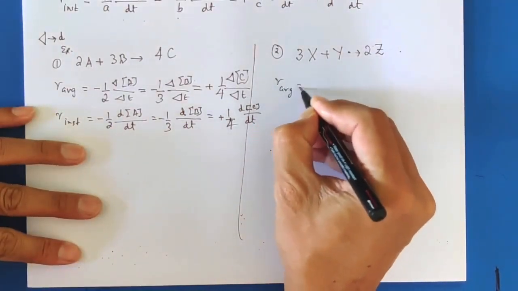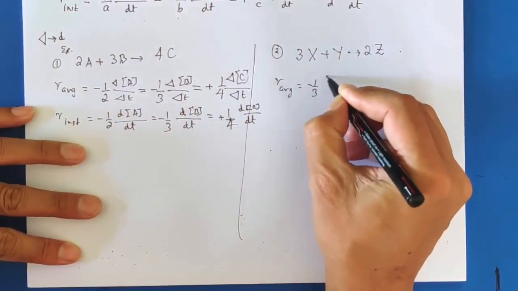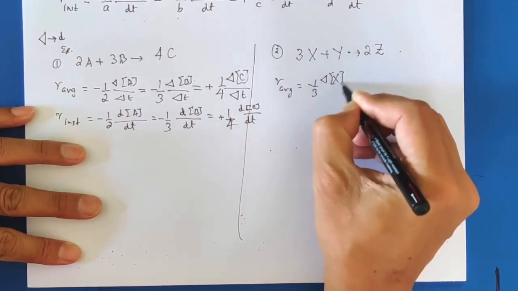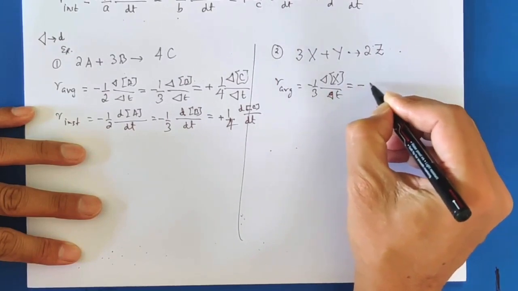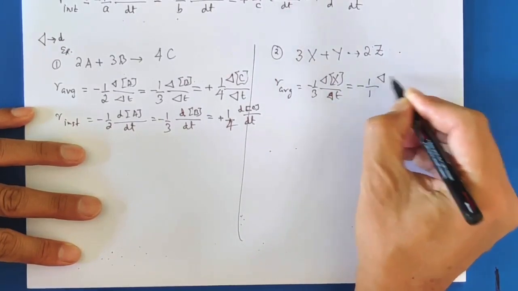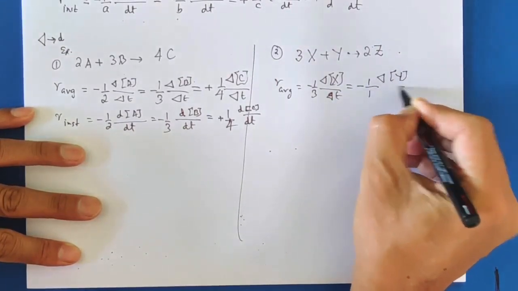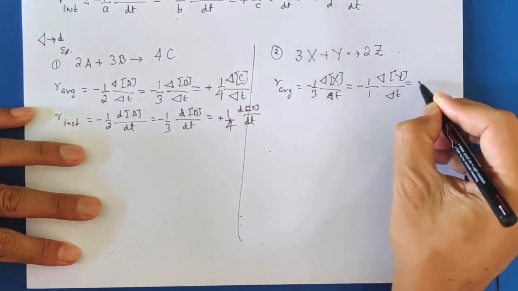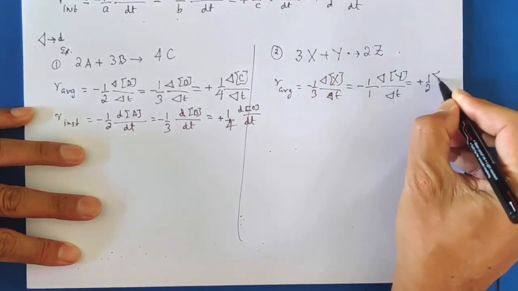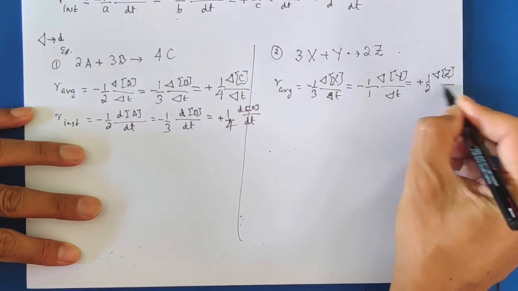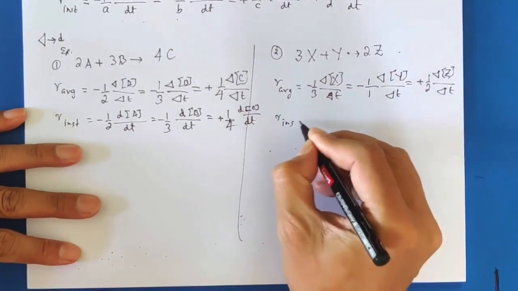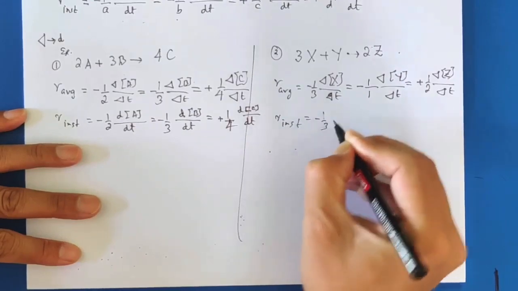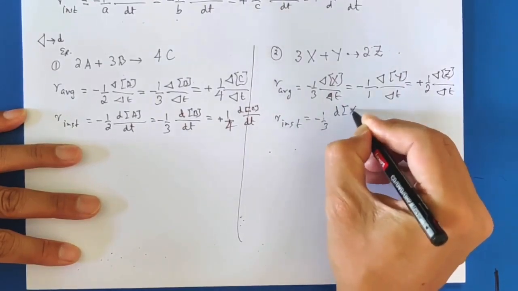Average rate of reaction: minus 1 by 3 del x del t equal to minus 1 by 1 del y del t equal to plus 1 by 2 del z del t. For the instantaneous rate, del becomes small d.